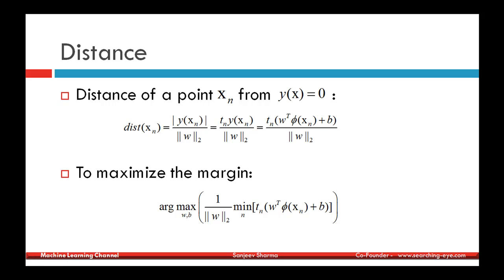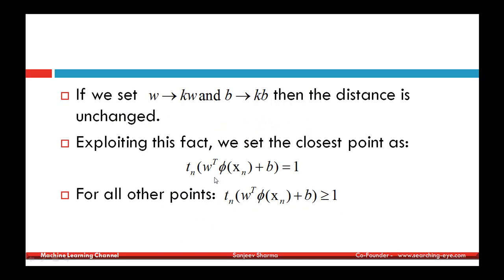And once we get this point, which is at minimum distance from the decision boundary y(x) = 0, we can start maximizing this distance from the decision boundary, and therefore finally we find W and b such that the margin is maximized.